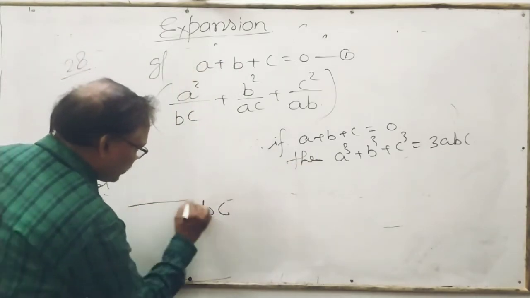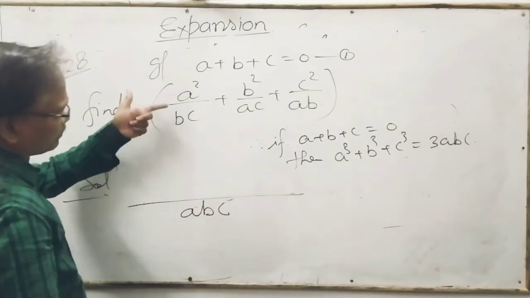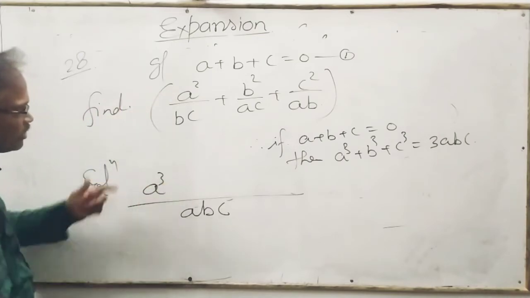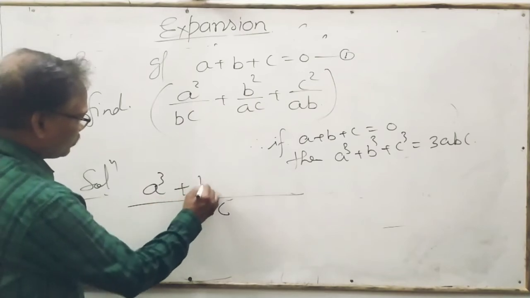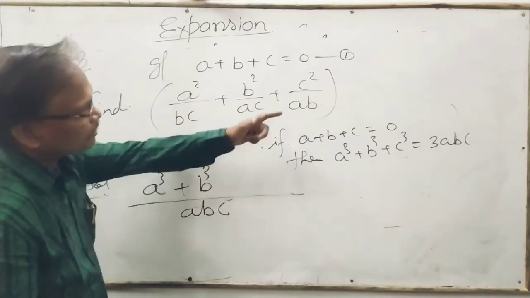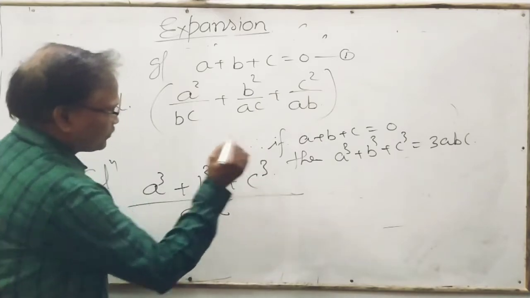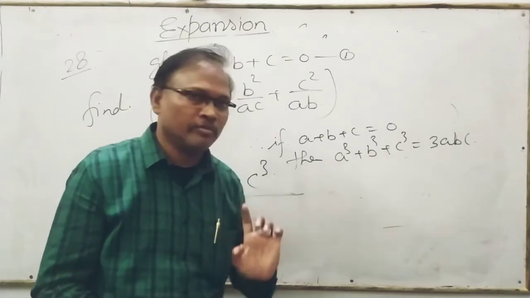LCM is abc. Where a is not present, multiply by a both in numerator and denominator, you will get a cube upon abc. Here multiply by b, b cube upon abc. And multiply by c both the numerator and denominator, c cube. Now you get a cube, b cube, c cube.